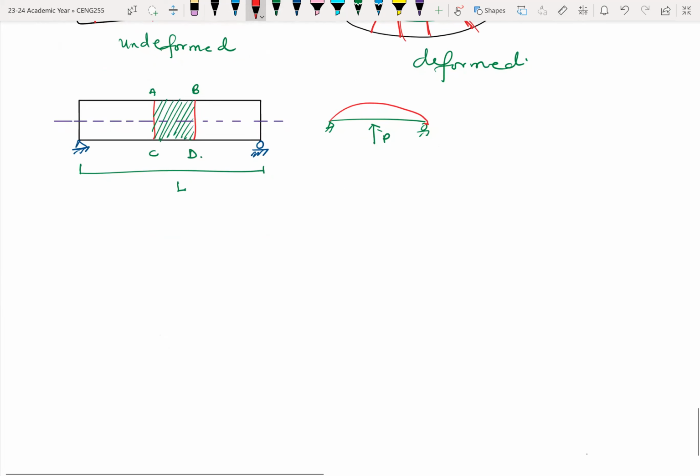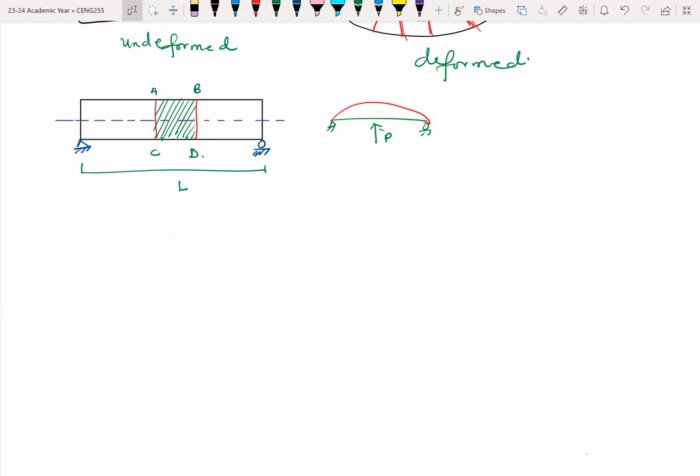So once it's deformed upwards, now this is our new shape. Let me try and see if I can exaggerate the shape a little bit more. So this is fine. So now this is what we have.